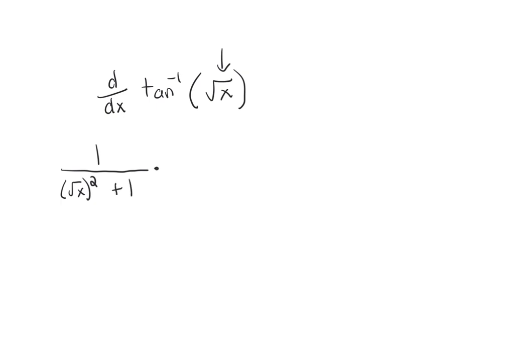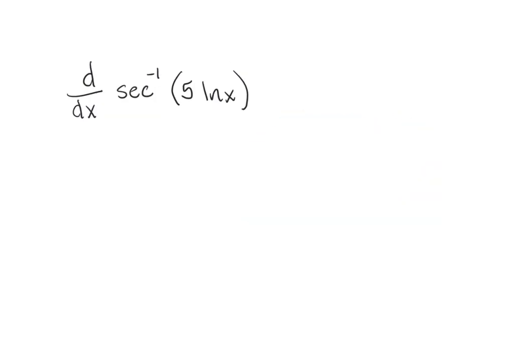And then times the inside, and the derivative of the square root of x is 1 over 2 square root of x. And then let's put it together right here. Those cancel. And so I'll have 1 over 2 square root of x times that quantity x plus 1. And that's it.